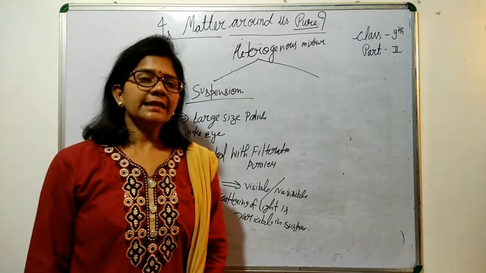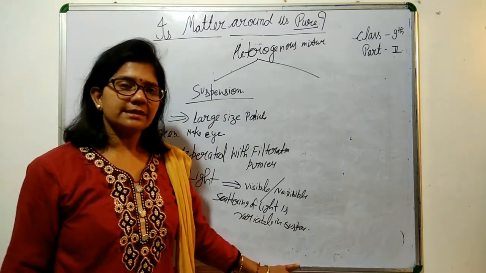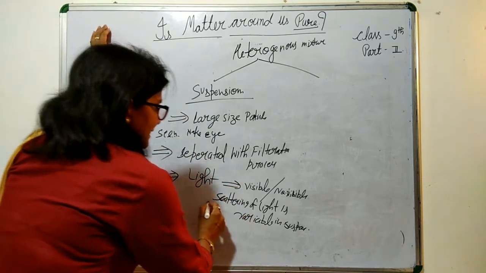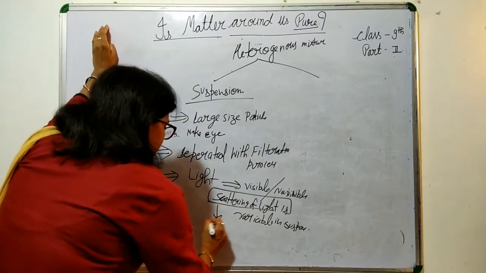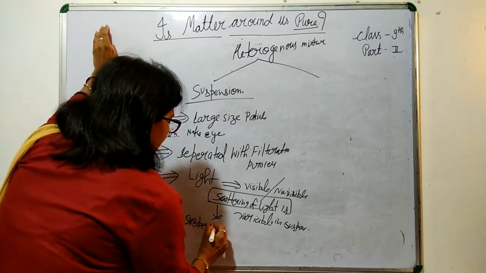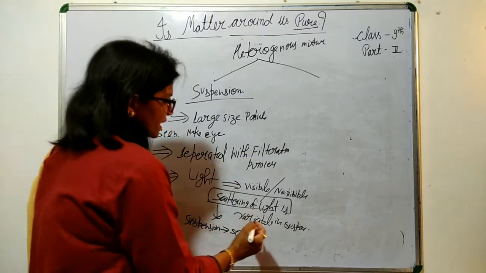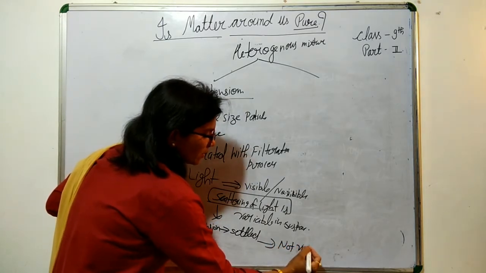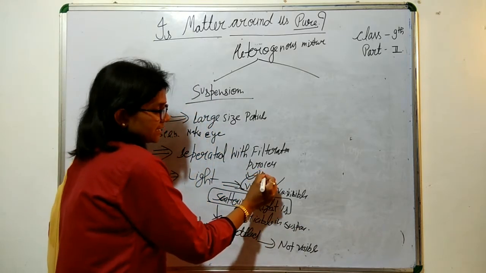We can also see that this scattering of light is variable when we allow the suspension to settle. If we allow the suspension to settle down, then what happens? The path of light will not be visible. It is only possible when it is unsettled.